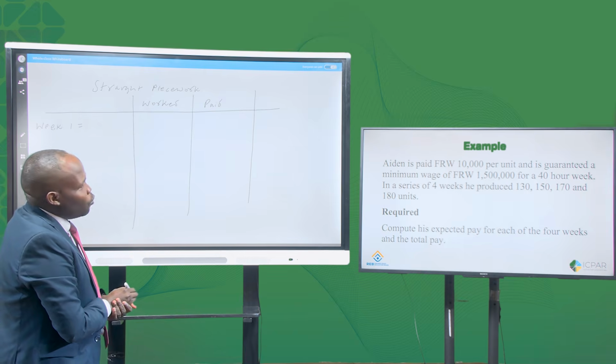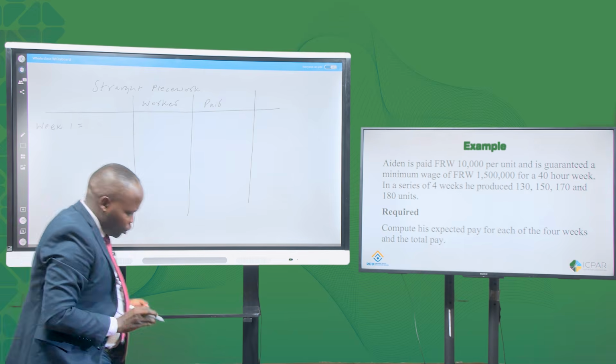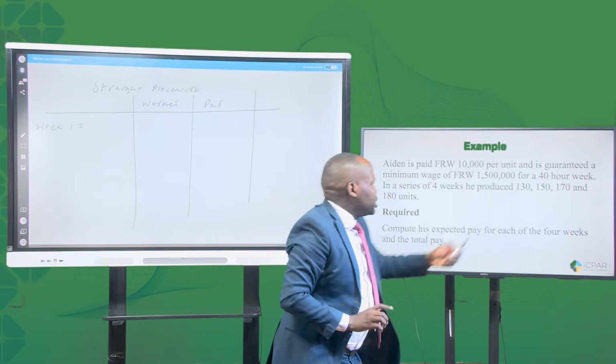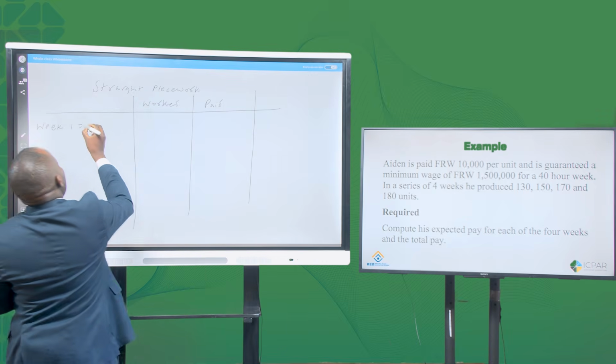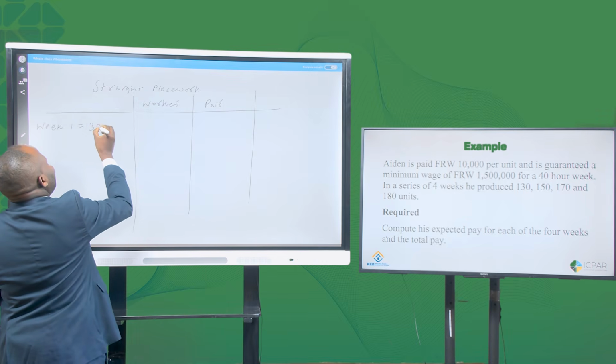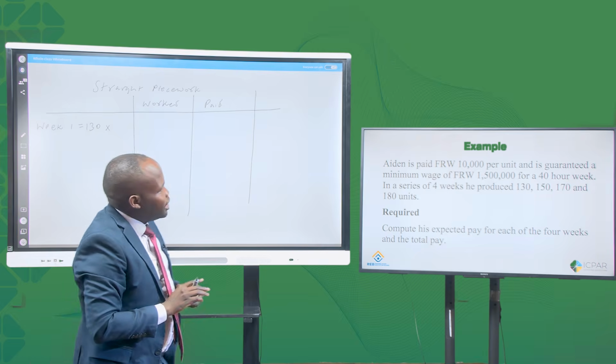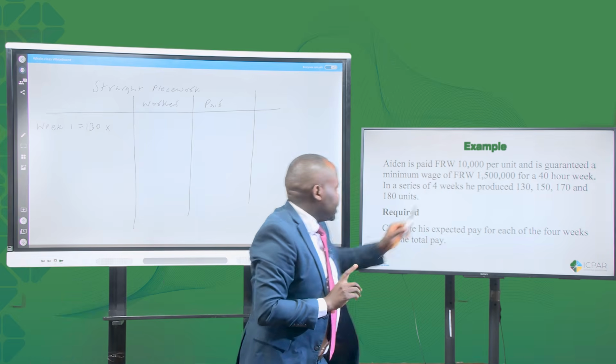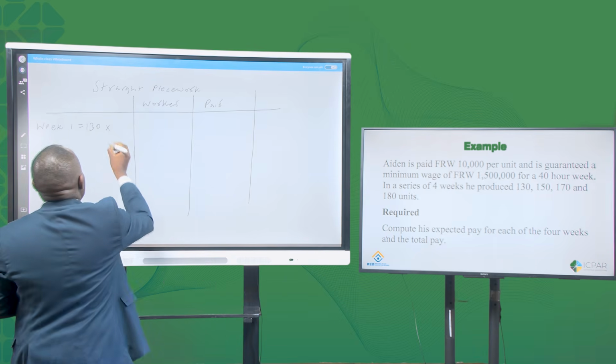In week 1, we produced 130 units, so we have 130 times the rate of pay of 10,000 per unit.